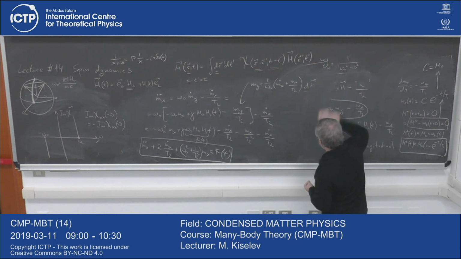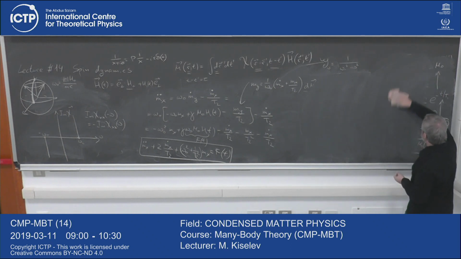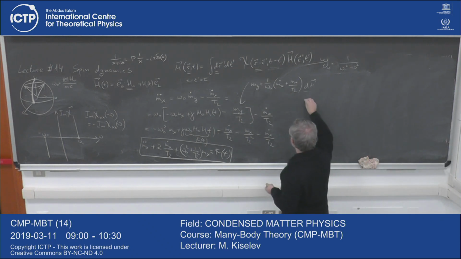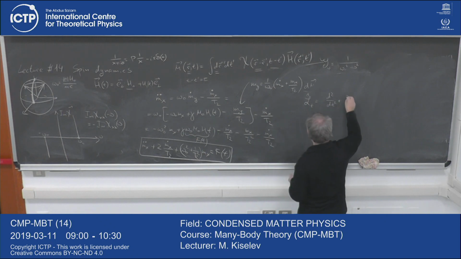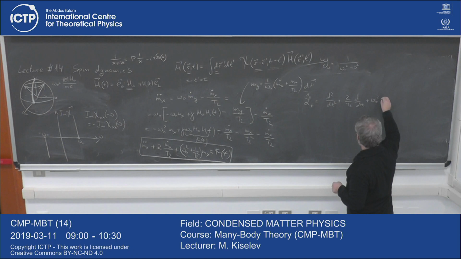Nothing happened. The only thing is that I have friction here. So now my linear differential operator L(t) is d2 over dt squared plus 2 over T2 d over dt plus omega naught square plus 1 over T2 square.